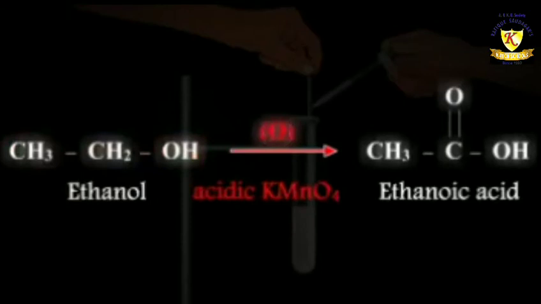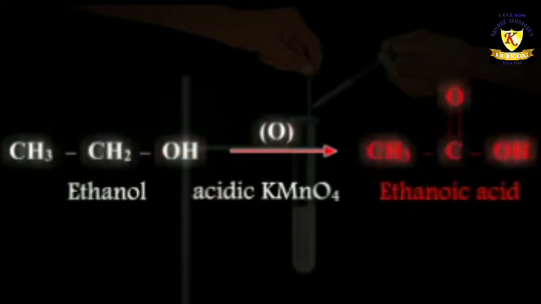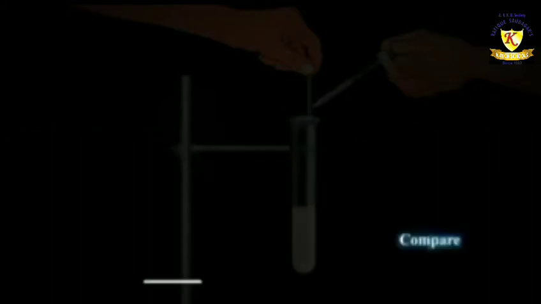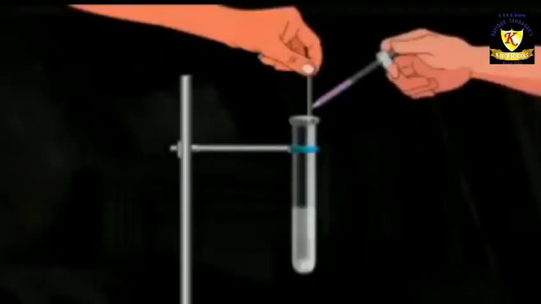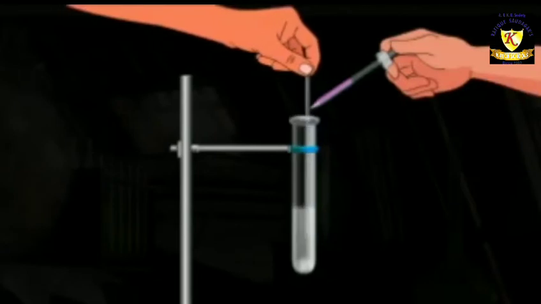CH3CH2OH, ethanol, gives us CH3COOH, that is ethanoic acid. Now compare how the transformation of ethanol into ethanoic acid is an oxidation reaction.